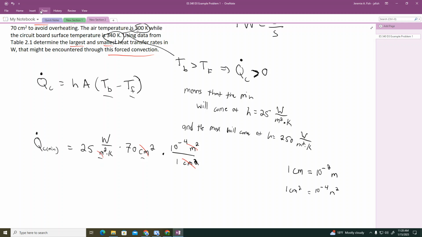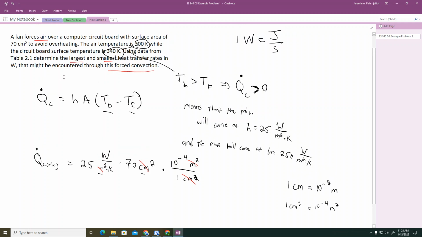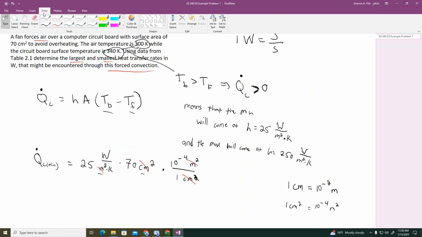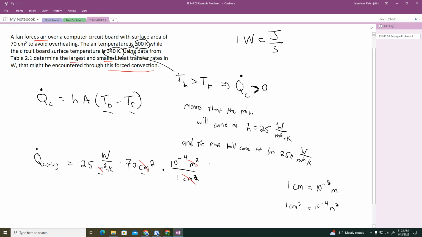And then the final thing is the T B minus T F. Well, that's easy enough. 340 minus 300 is 40. So times 40 Kelvin, which is equal to 7 watts.